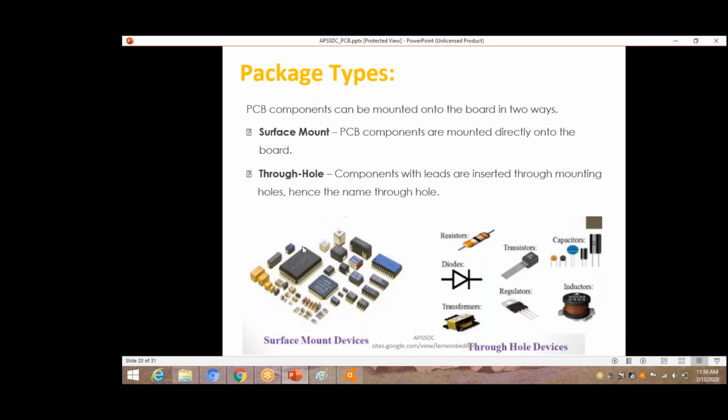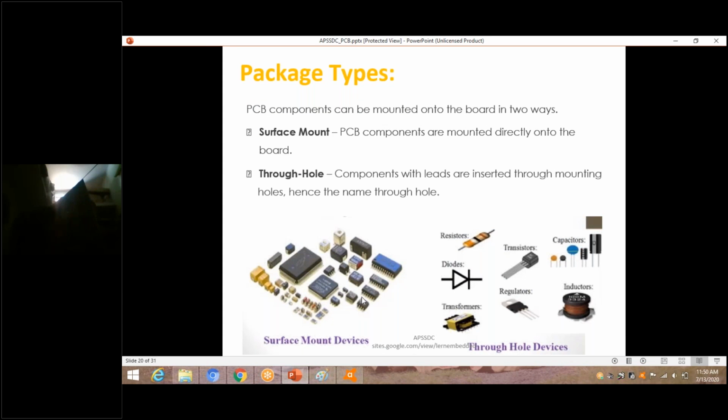Okay, as I have already told you, you can observe clearly the devices. We have two types of technologies or packages. The first one is the through hole method. Here on the right bottom side, you can observe the through hole devices.